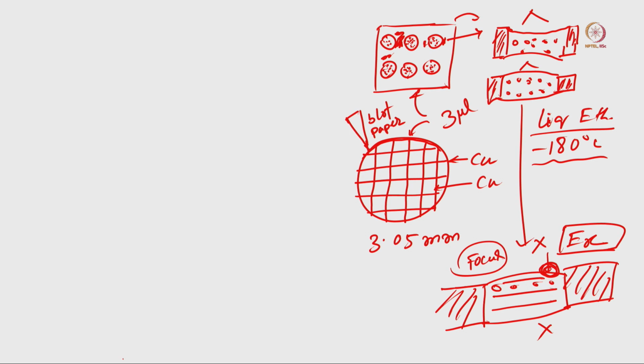What we have to do is shift the electron beam to this position, where we focus in the carbon area, where we do not have too much amorphous ice. We can easily focus here and then come back and collect data. So whenever we collect data in this particular area, this area is not exposed before we collect data.